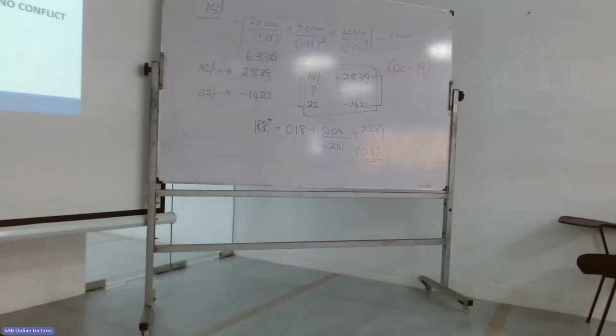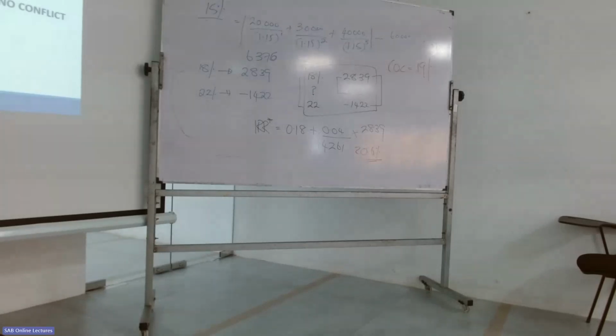NPV of project L here, NPV of the project is here. Okay? At the 5% level, this is the NPV. The yellow one is S. So NPV of L is greater than NPV of S. Is it correct?